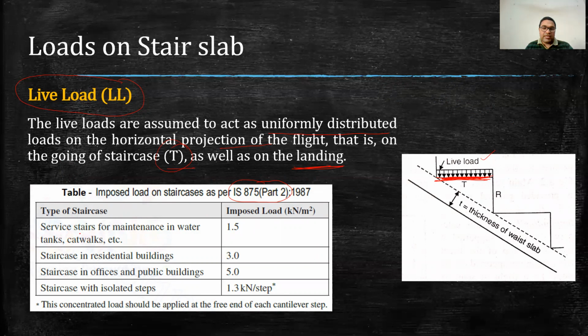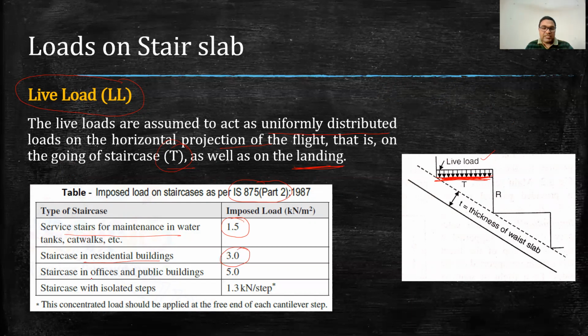Similarly, if there is a service staircase for maintenance in a water tank, as you have seen in the overhead water tank where we provide staircase in the periphery of that tank, in that case we take live load as 1.5 kilonewton per meter square. If we are providing staircase in a residential building, live load can be taken as 3 kilonewton per meter square.